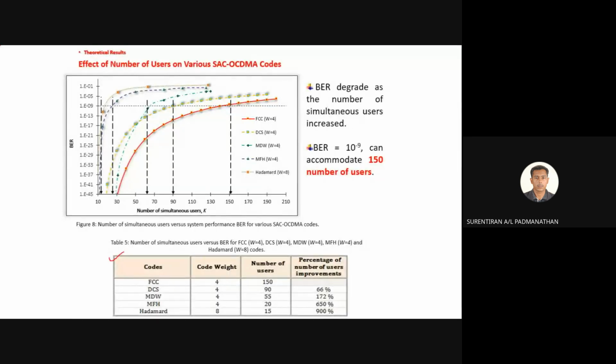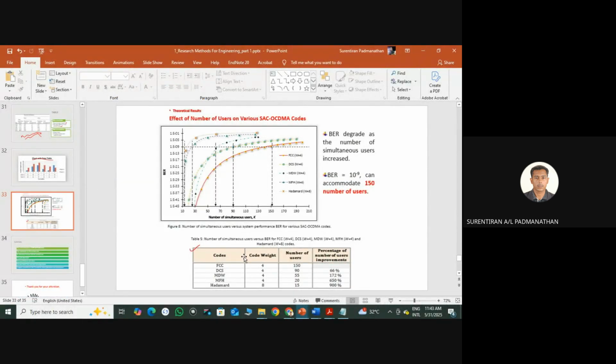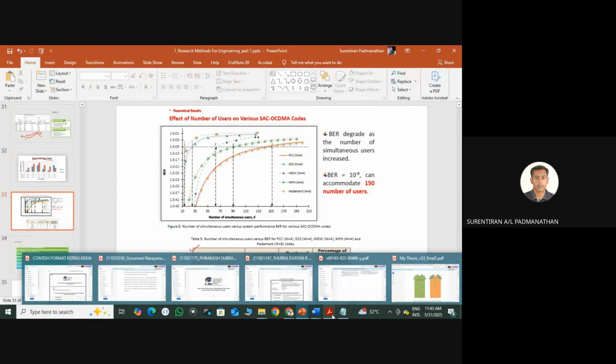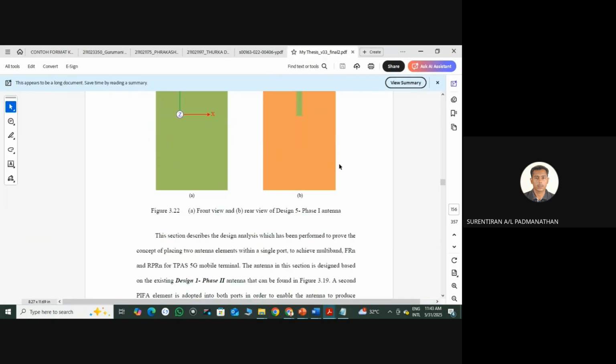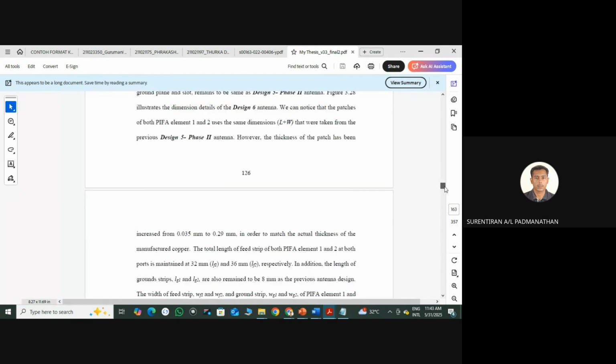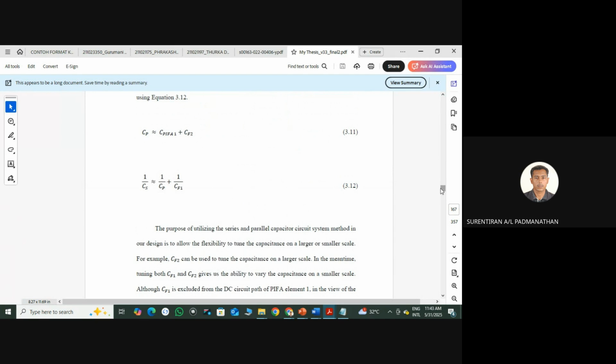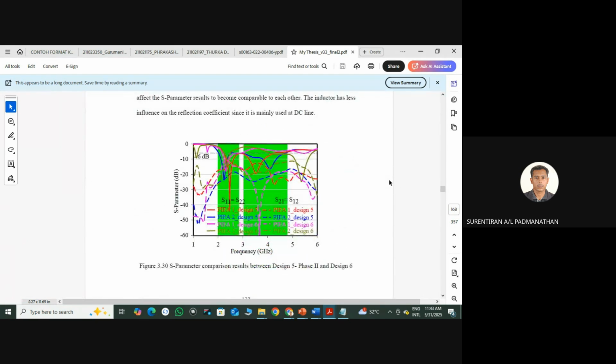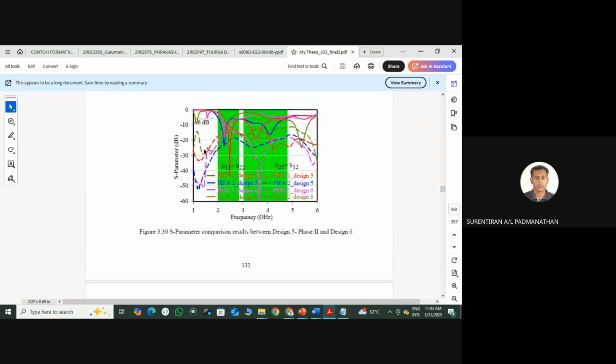So let me show some examples from my thesis. Here is the graph.